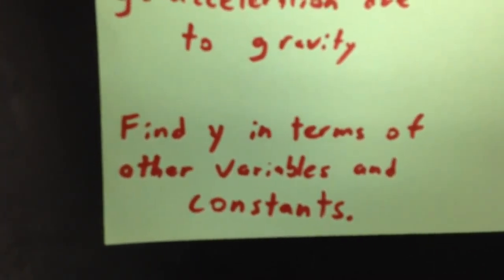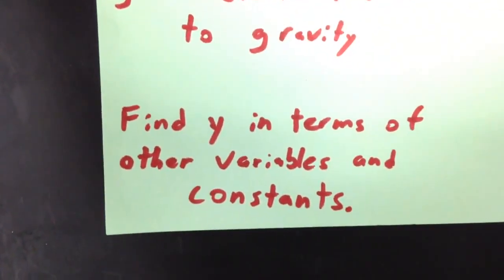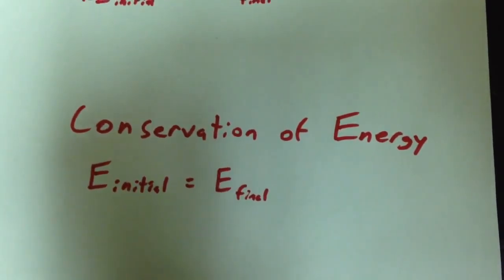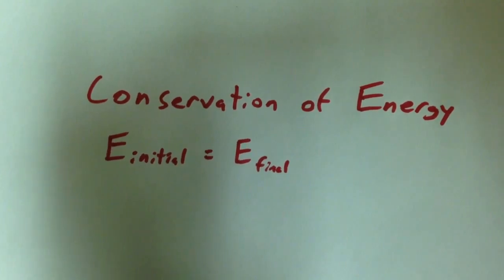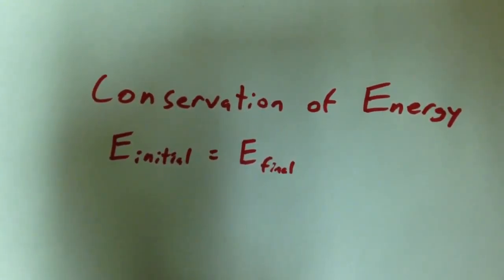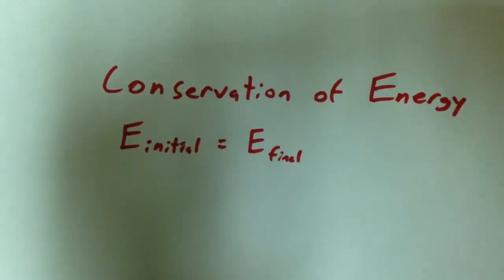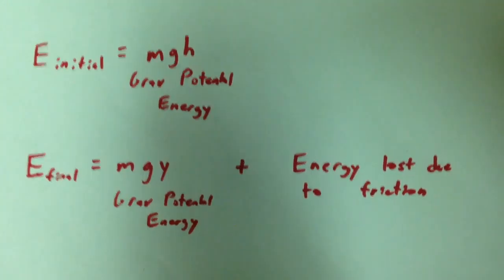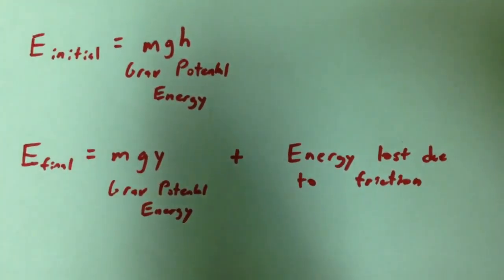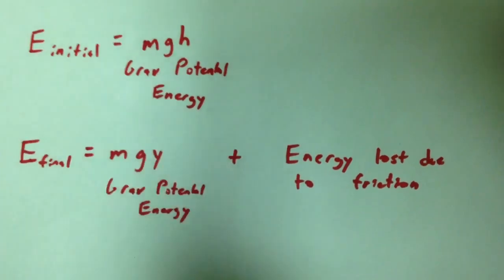From this information, find y in terms of the other variables and constants. We know that the total energy of the system must be conserved due to the conservation of energy principle. Therefore, E initial is equal to E final. E initial is equal to mgh, the initial gravitational potential energy of the object.